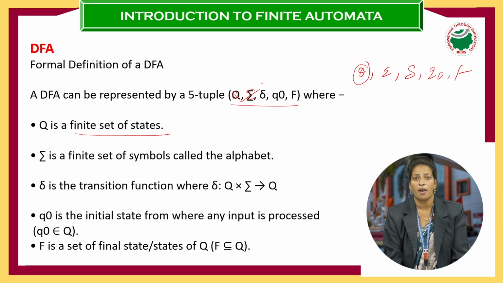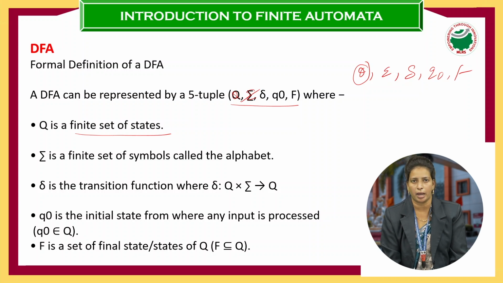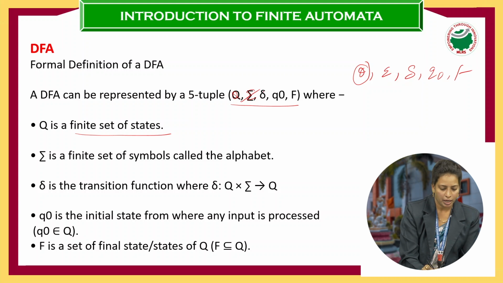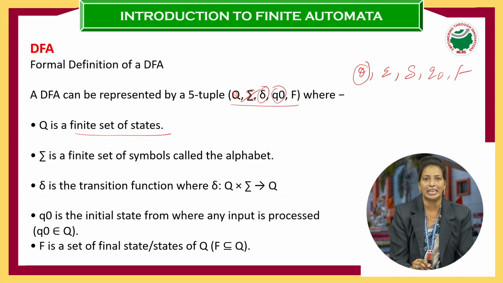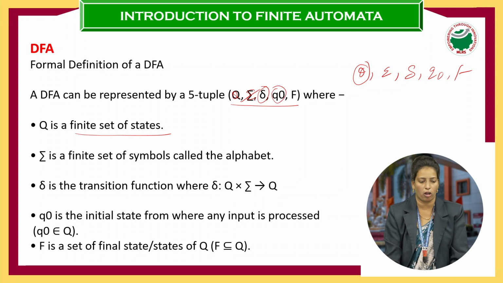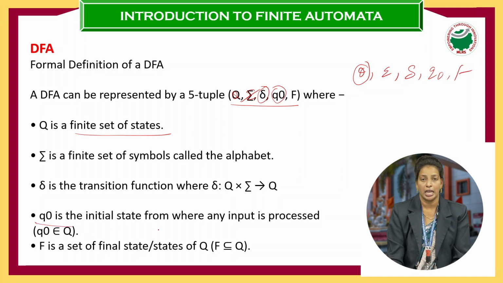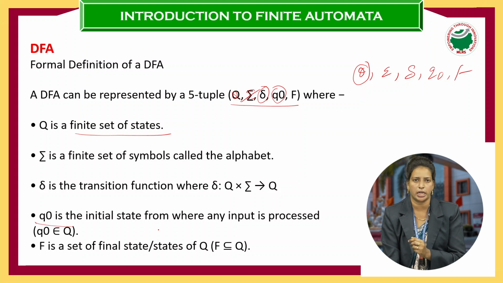Sigma indicates the finite set of input symbols. Delta indicates the transition function or mapping function. Q naught indicates the initial state.